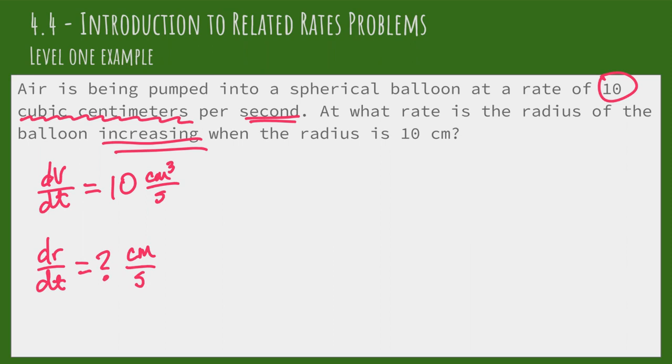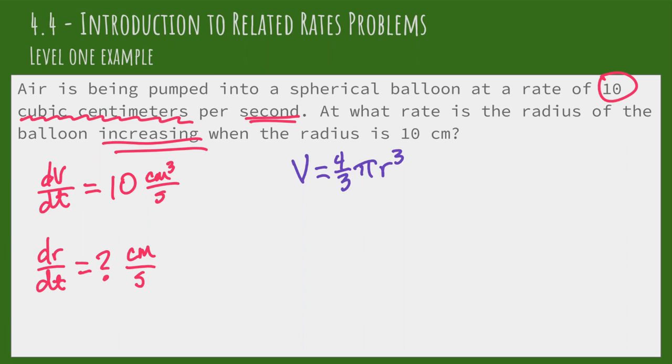So once I know those things, I need some sort of relationship between V and r. And from geometry, which I know might have been a few years ago for you, you should know that the volume of a sphere is 4/3 pi r cubed. So that relationship tells us for any given radius, what's the volume?